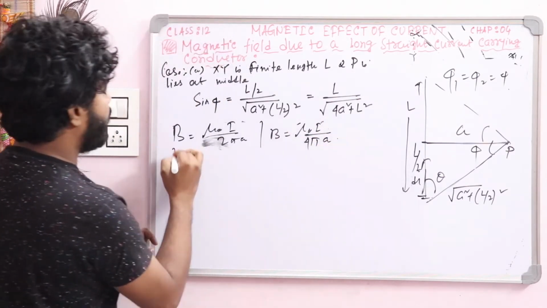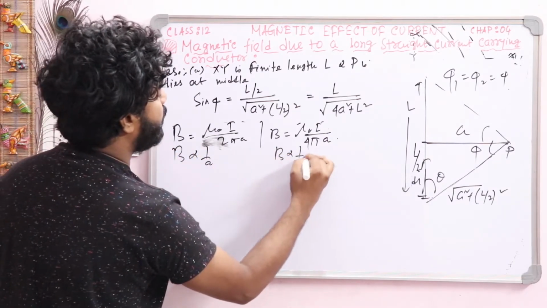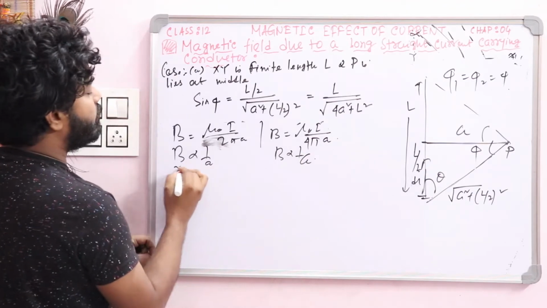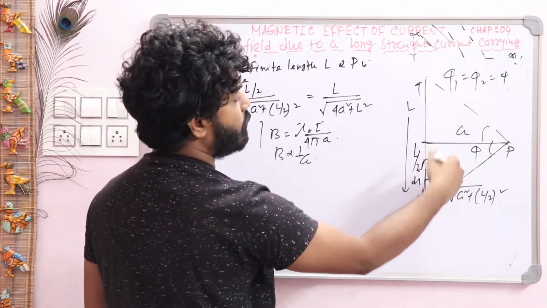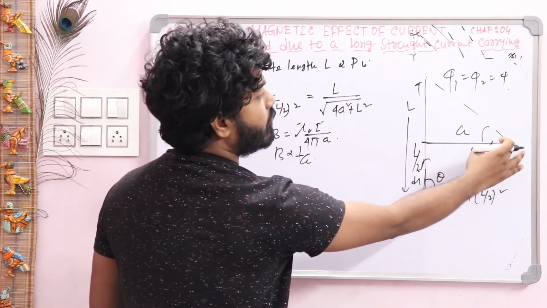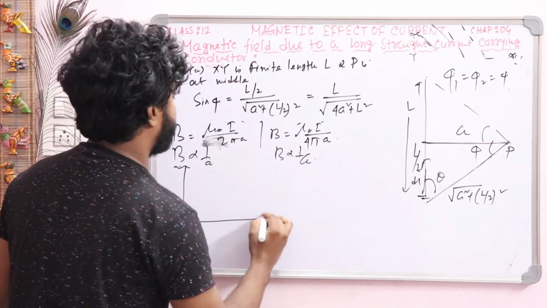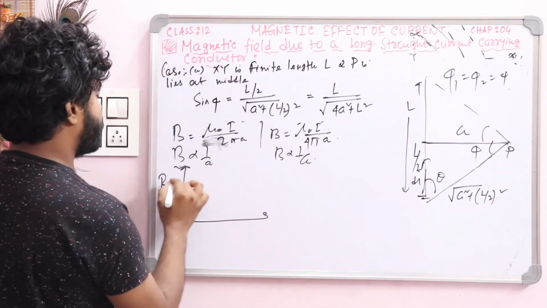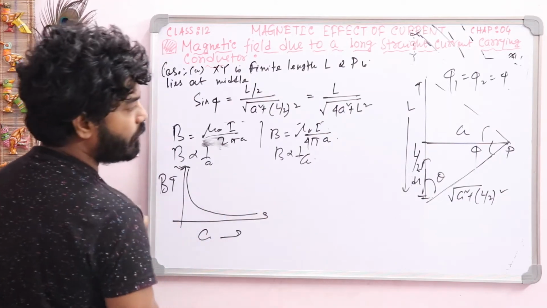Now you see the variation of magnetic field with the perpendicular distance a from the conductor to the point of observation. If we draw a graph of magnetic field versus a, the graph will be like this.